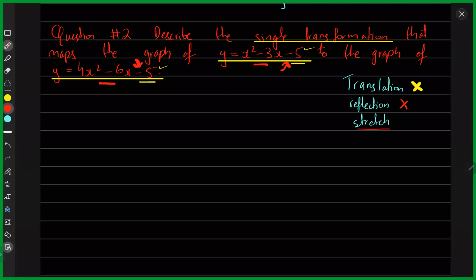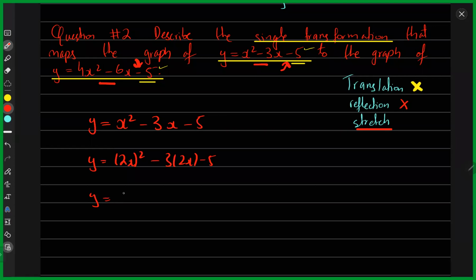Is it stretch? Yes, that's the only type, and it looks like stretch. How? Because originally it was y equals x squared minus 3x minus 5. But if I multiply 2 with x, I would get the same thing.